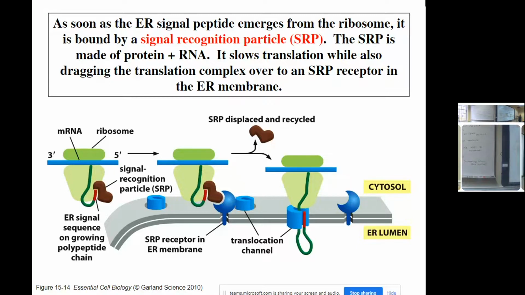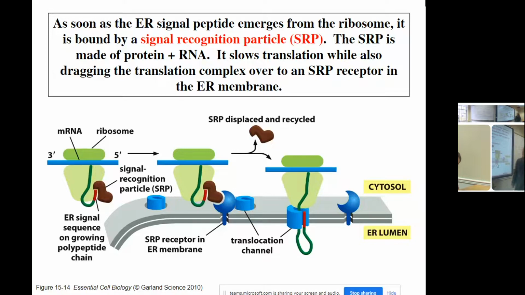When those are together as a combo, they are going to bind this protein called SRP receptor. And that's at the ER membrane.